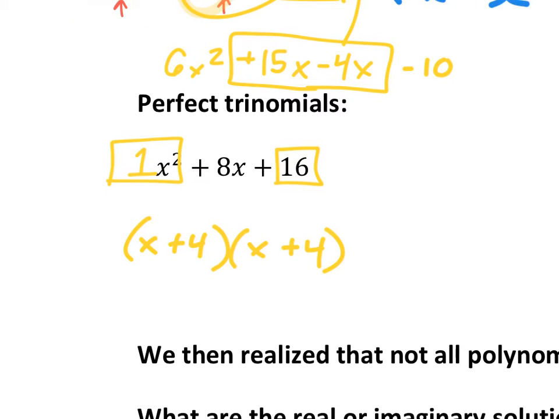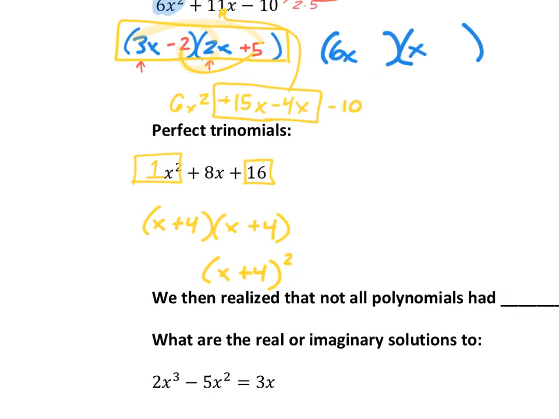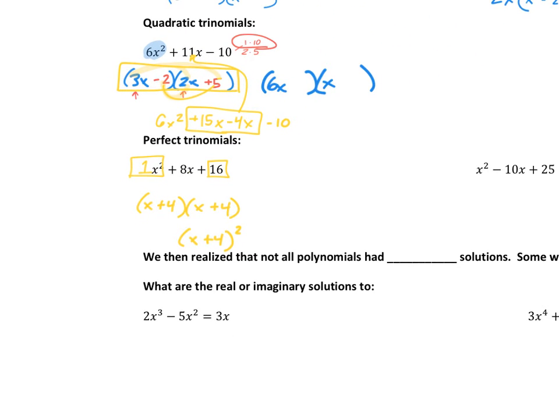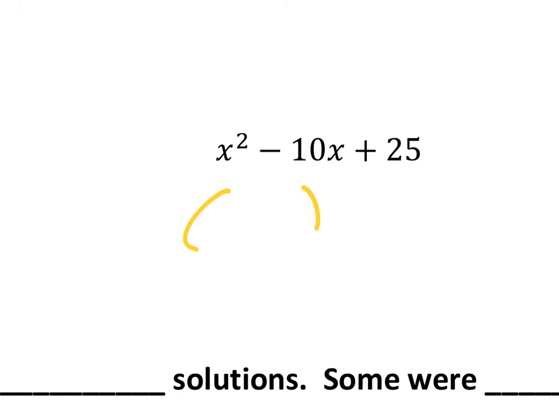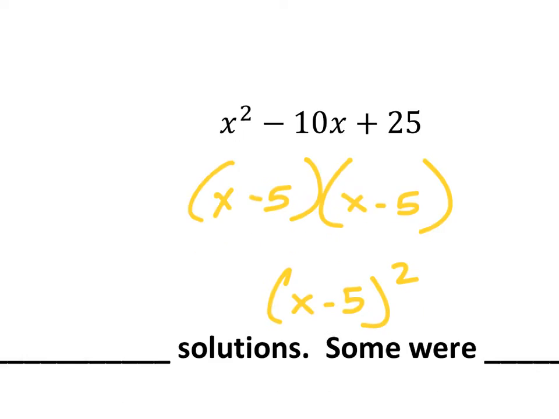And this one works because 4 plus 4 is 8, 4 times 4 is 16. And on these, we condensed it down to x plus 4 squared. And that will mean more to us this chapter to do that. So this one here, x minus 5, which would give us x minus 5 squared.